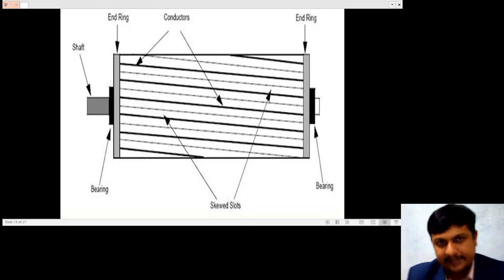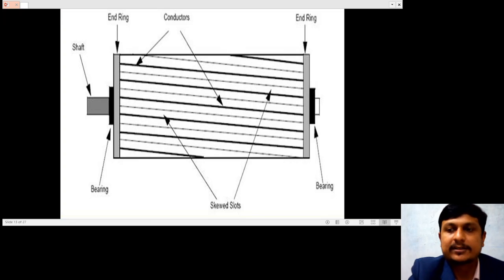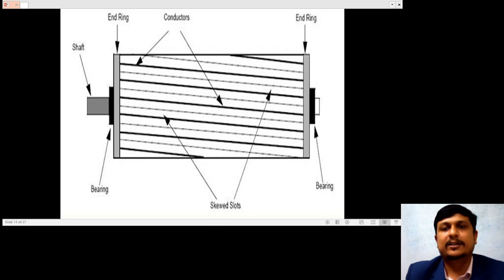Here two end rings are present, and copper or aluminum conductor bars are short circuited between the two end rings.